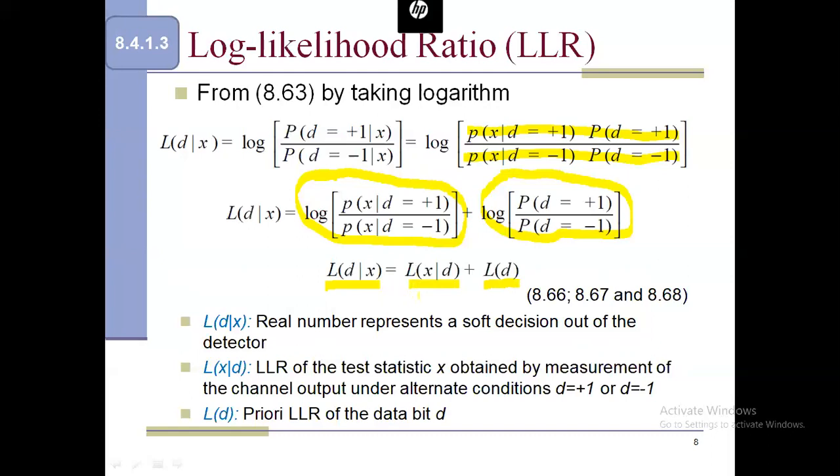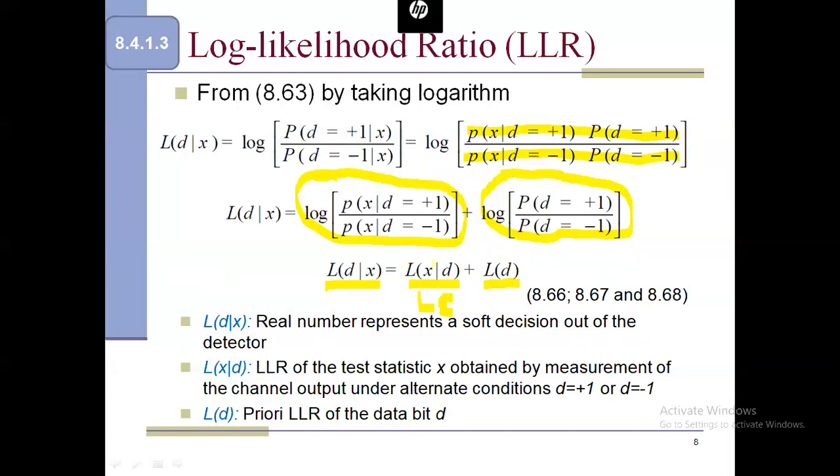This is termed as L of the channel, and it is termed as the L of the data. So this depends on channel stats.